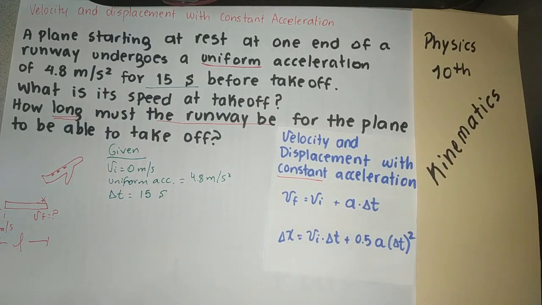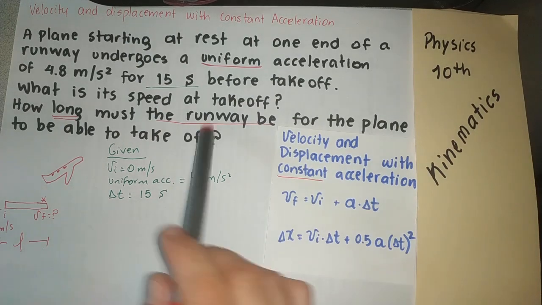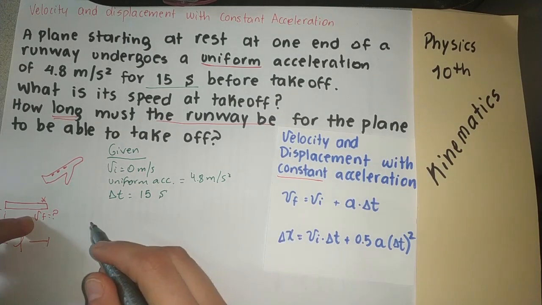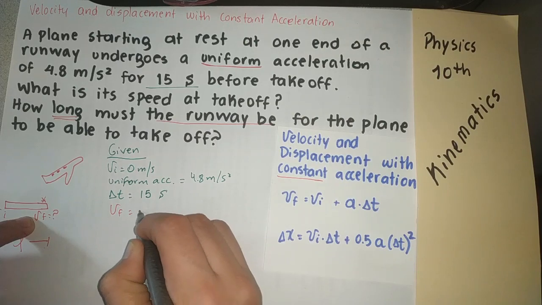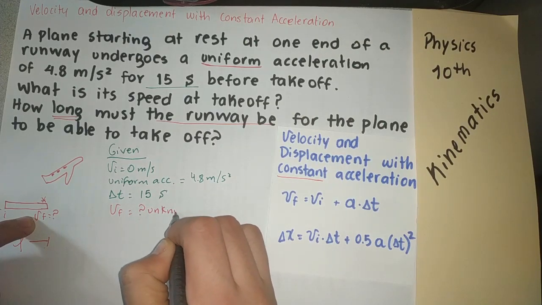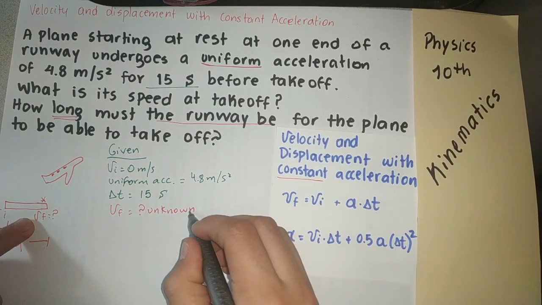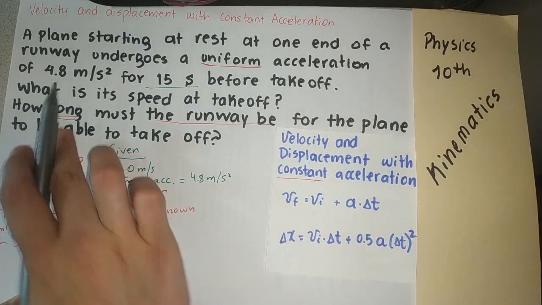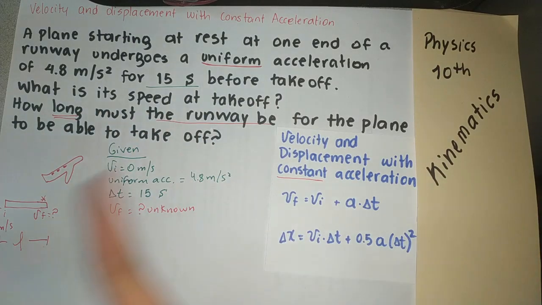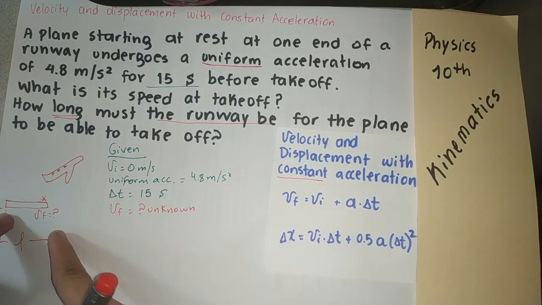Now the problem is asking us to find the velocity at takeoff, which is the final velocity. We already said v final is unknown. And also how long the runway should be. How long must the runway be?